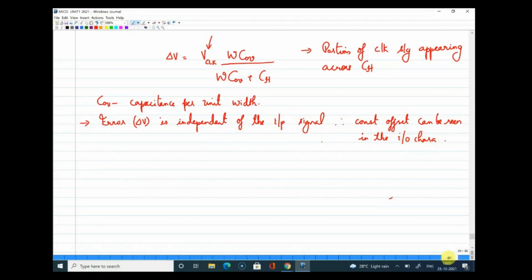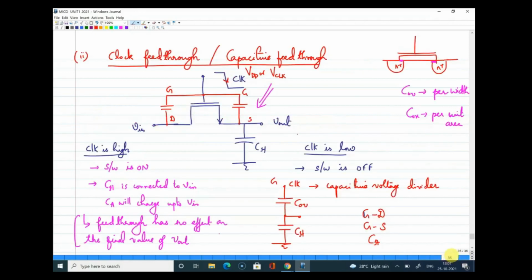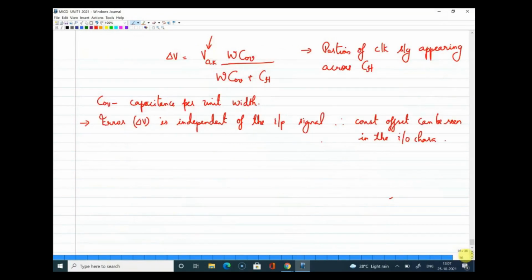Now, through practical simulations, we'll see how we can reduce the capacitive feed-through mechanism. Maybe you can suggest one way: by looking at the delta V expression, what solution can you suggest? How can you reduce the charge injection? Sorry, this capacitive feed-through.